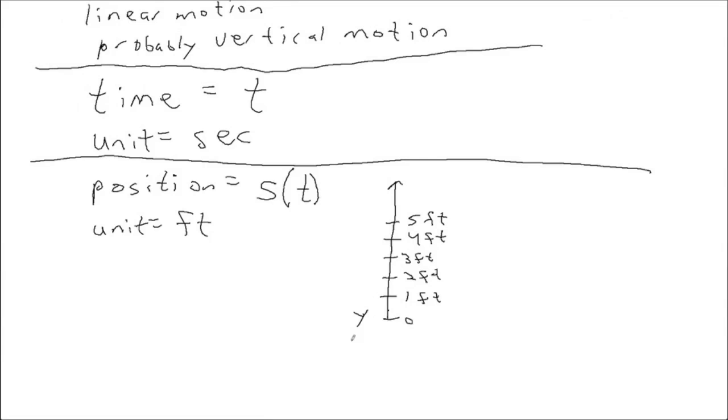That's pretty simple, but you have to have that mental picture in your mind before you start doing the math. So what you said is correct. If the object was being thrown upwards, just like you said, it would start here, and now here it's moving upwards. But your common sense tells you eventually it'll come to a halt, or eventually it'll change direction and then come back down and then hit the ground again. Good. So that's how position would behave if an object is thrown upwards and then comes back down.